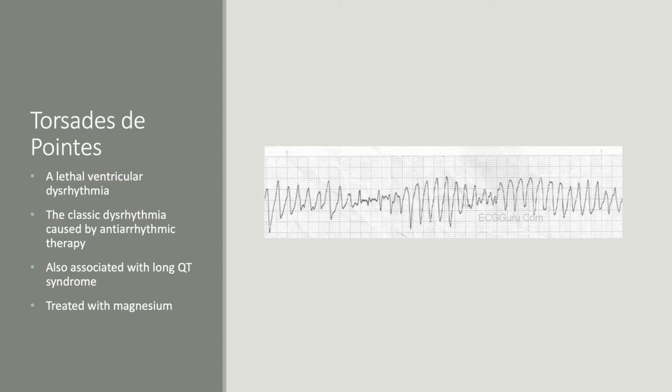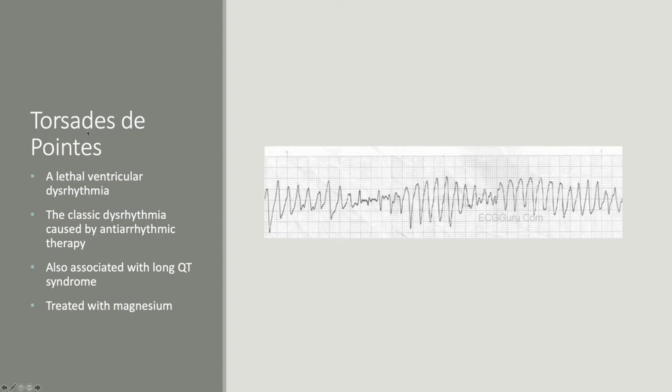Anyway, we're going to call it torsades because we're just Americans, and that's how we say it. So this is a particularly lethal ventricular arrhythmia. We see this happen with antiarrhythmic drugs. It can also be associated with something called long QT syndrome, but the cool thing about it is it gets better with magnesium. Now, how do you see torsade de pointes?